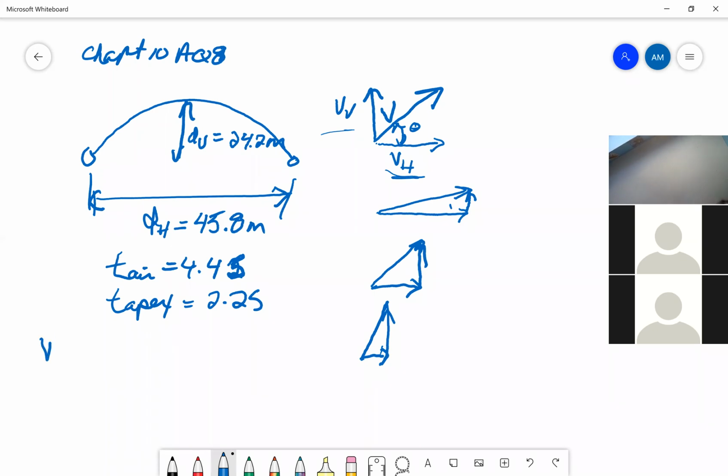The horizontal velocity is easy. We know they travel 45.8 meters, and they do it in 4.4 seconds.